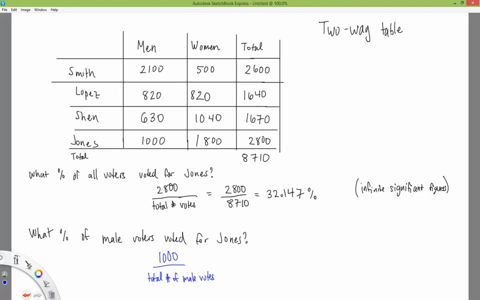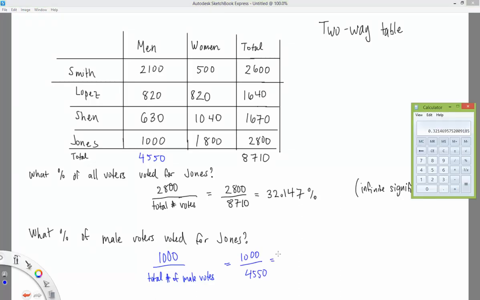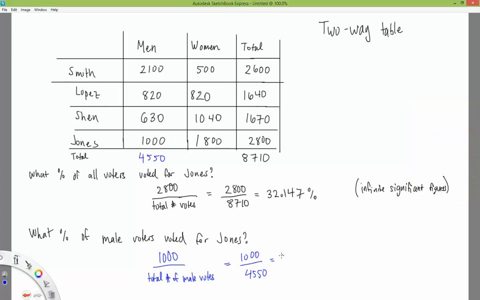So we would have 1,000 divided by 4550, and we get another percentage: 0.21978. So about 22%, if we wanted to round off.